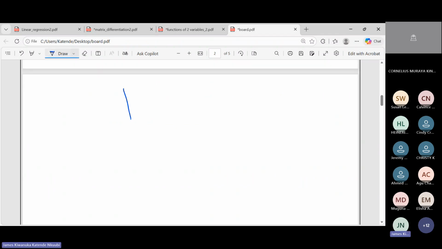So it looks like a bowl. If you pick any 2 points, it doesn't matter which 2 points you pick, the line joining them will always be above. So in this case, we have a convex function.